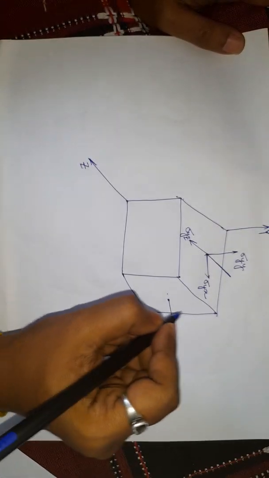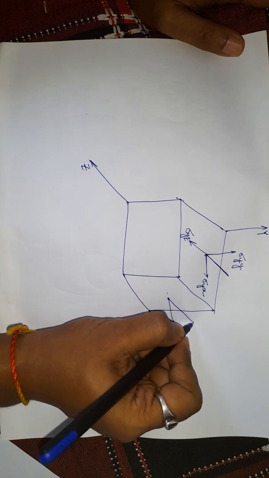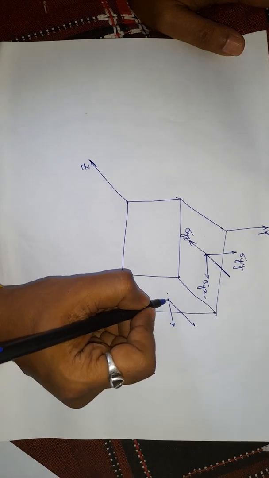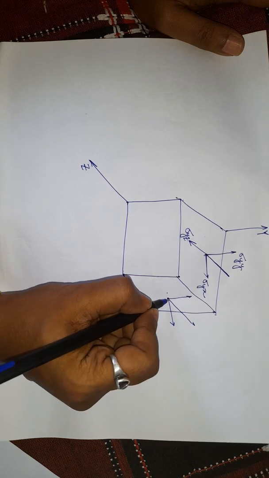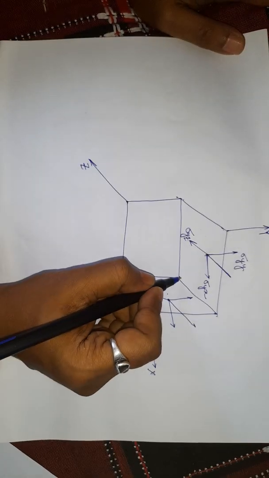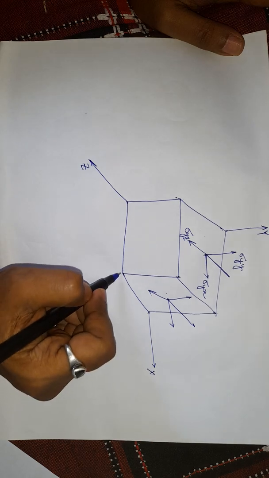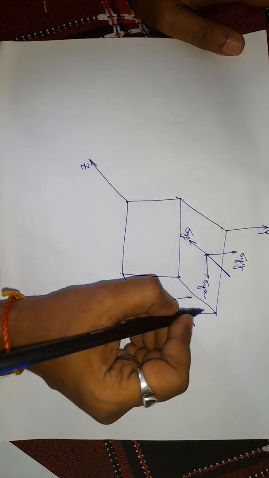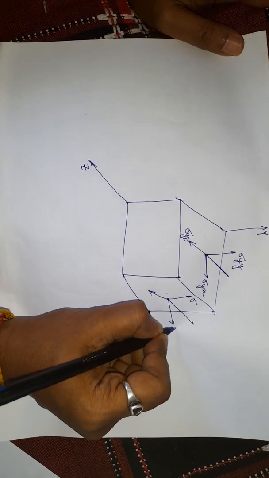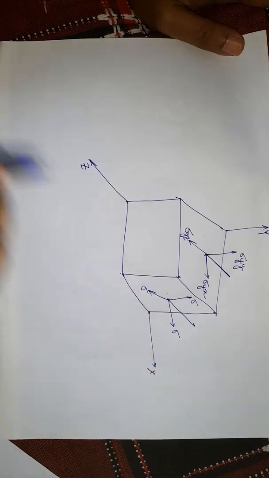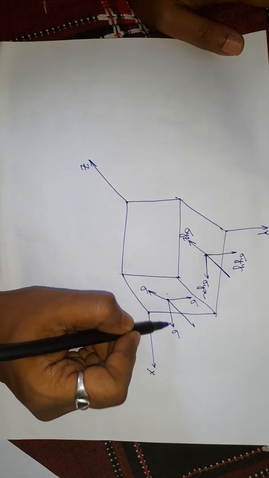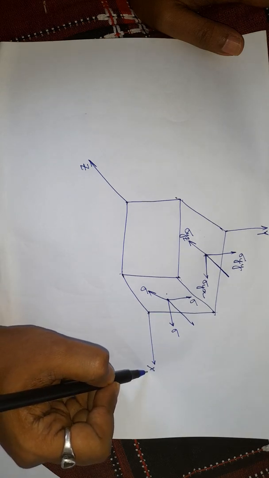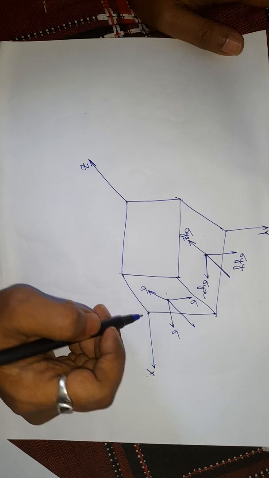Now we come to this plane. Suppose there is a stress vector. It has three components, one along the x-axis, one along the y-axis, and one along the z-axis. Now you are considering this plane. What will be the first suffix here? On this plane, if you draw a normal, the normal direction is along the x-axis.